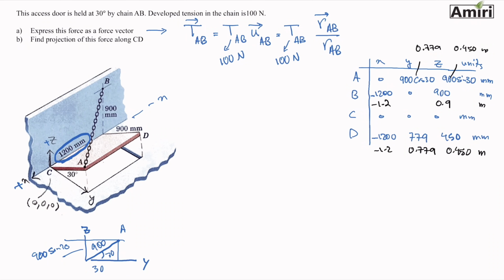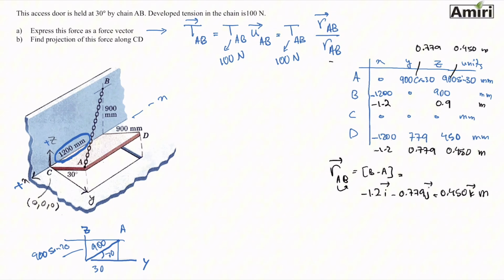All right, position vector AB, R AB. I'm going from A to B, so I'll start with B and deduct coordinates of A from that, which will result in 1.2i, 0.779j, 0.450k meters.